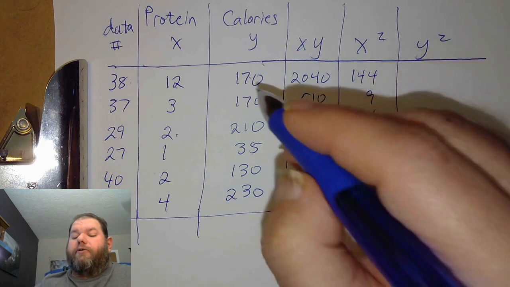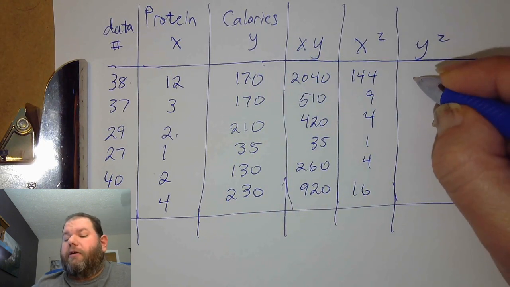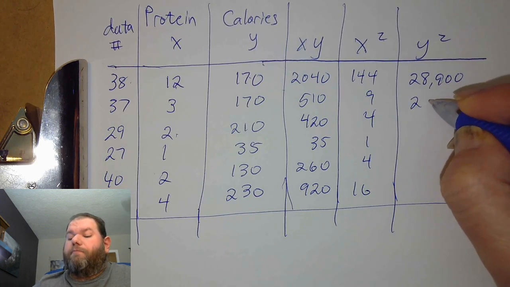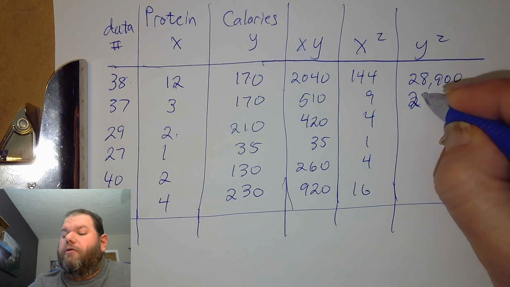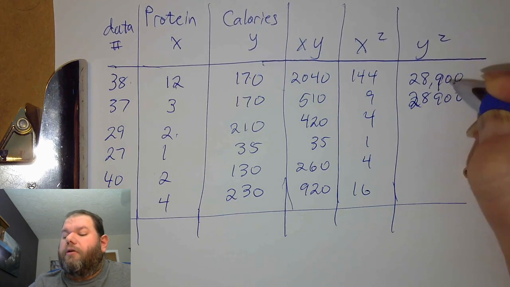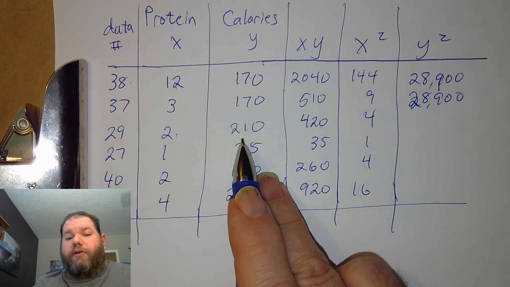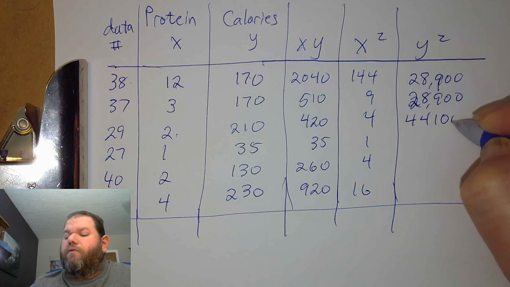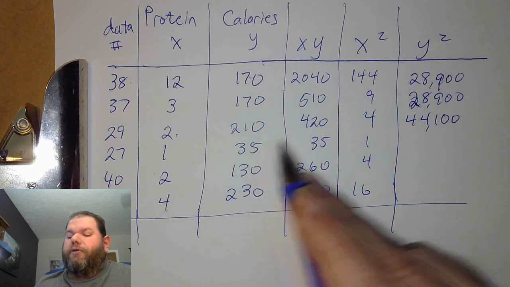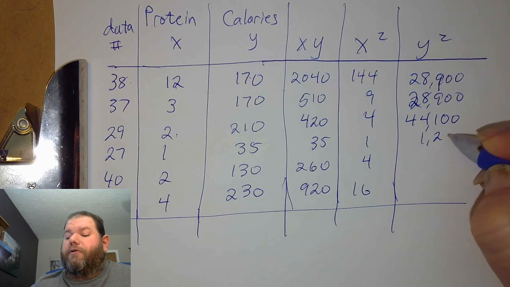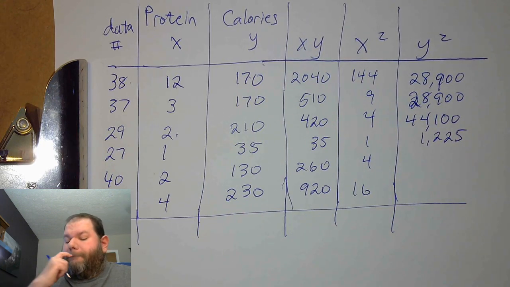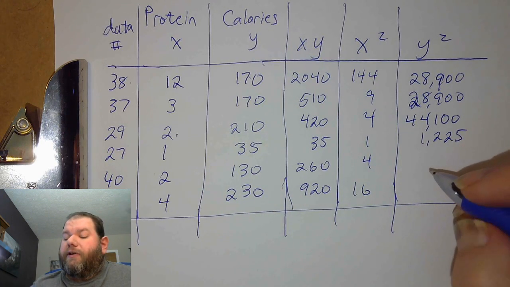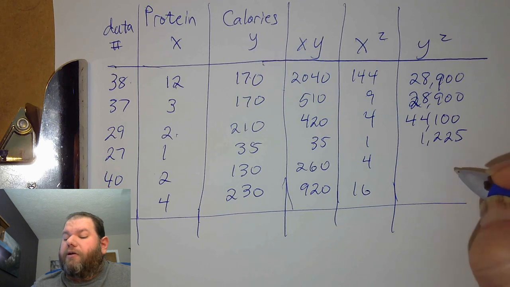Lastly, we do y squared. So 170 times 170 would be 28,900. For both numbers, it is 28,900. 210 times 210 is 44,100. 35 times 35 is 1,225. 130 squared is 16,900.